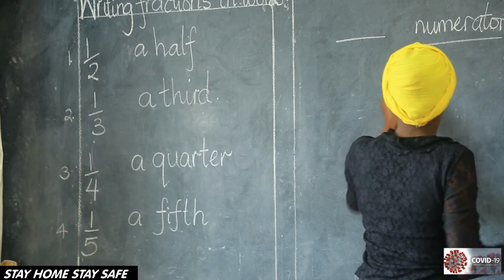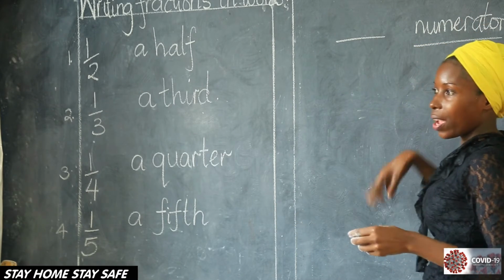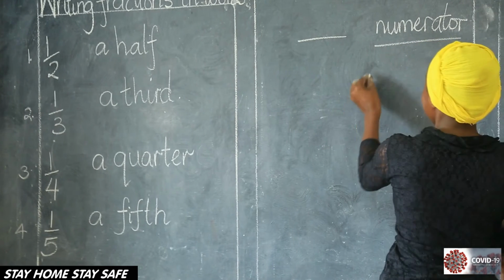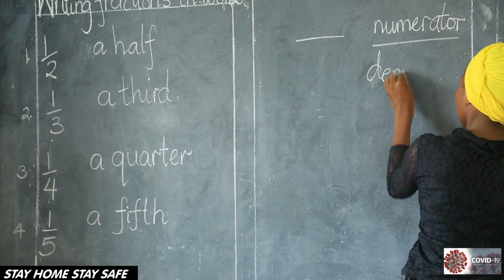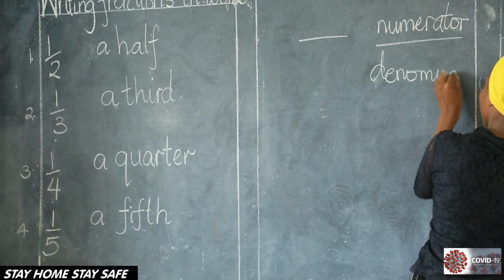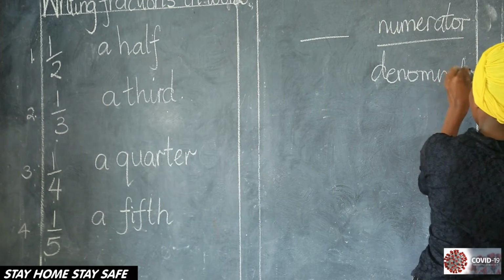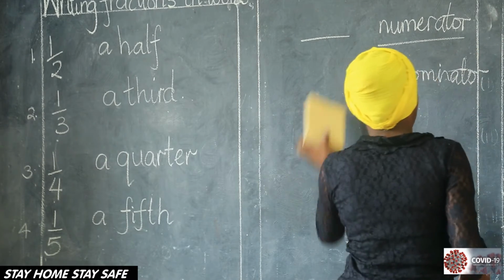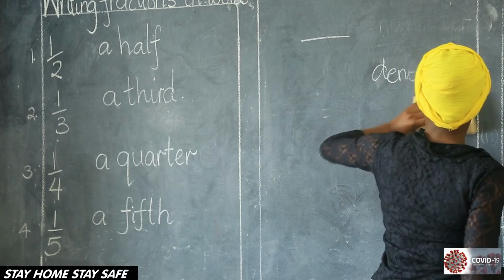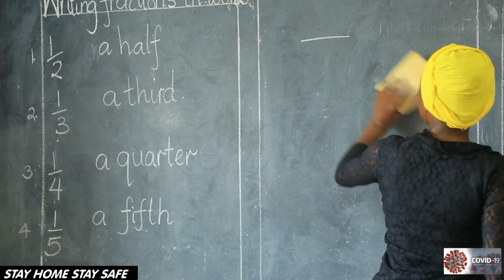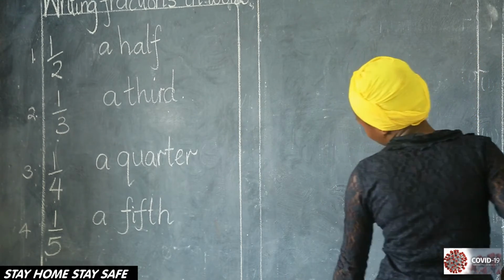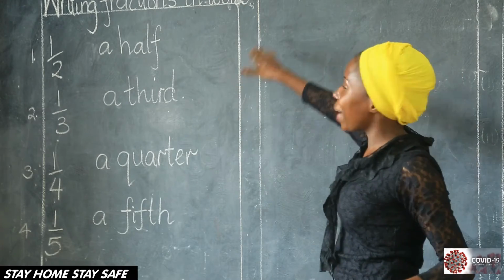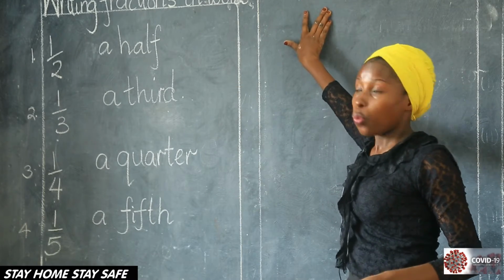And the number that is down, why I'm saying down, because it's a denominator. So you should not get confused. So the number up is a numerator and the number down is a denominator. So when I say denominator and numerator, please don't get confused. So if the number up is 1, we start with A.